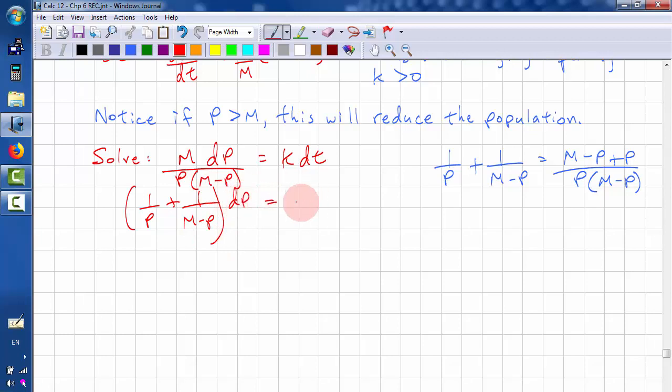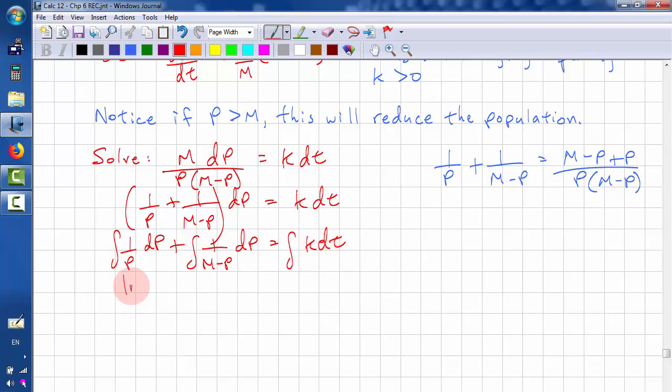dP equals k dt. We integrate both sides, and we want to split up this integral, integral of 1 over P dP plus integral of 1 over (M minus P) dP equals integral of k dt. Okay, now we have ln, and this is just a constant.